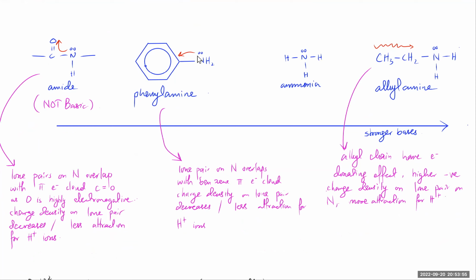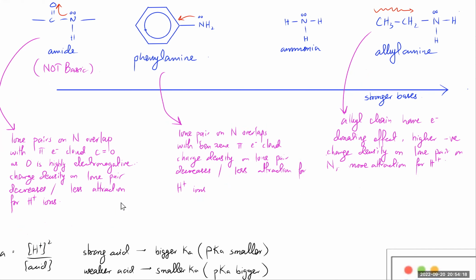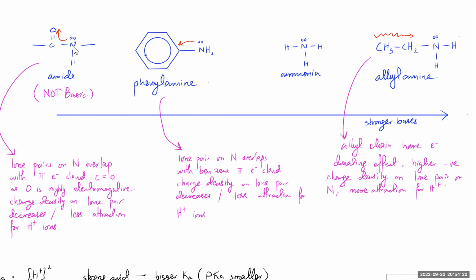Over here, it does that, but to a lesser extent. Over here, the oxygen pulls the electron very, very strongly. And over here, the lone pair is stronger than before because the carbon chain is pushing its electrons onto the lone pair. So that's why the negative charge density over here is a lot stronger. So there's a lot stronger attraction for H+. So that's the whole idea. These four things. That's about it. Is that clear? Amide, phenylamine, ammonia, alkylamine. Is that clear?